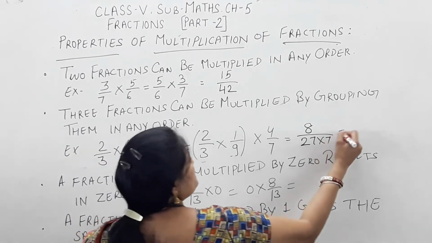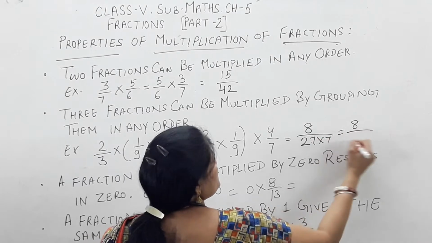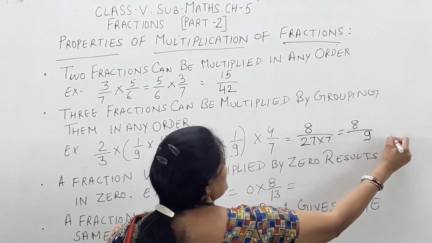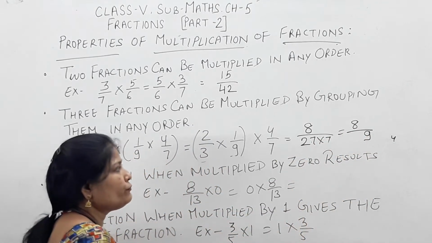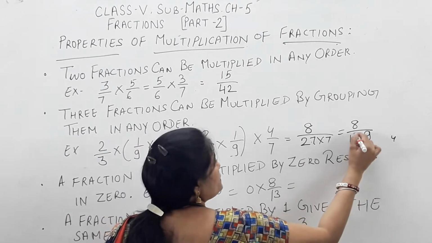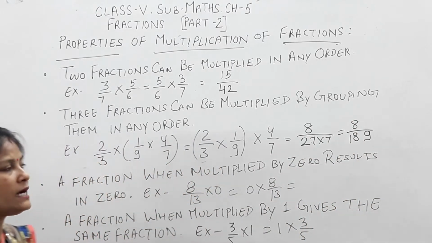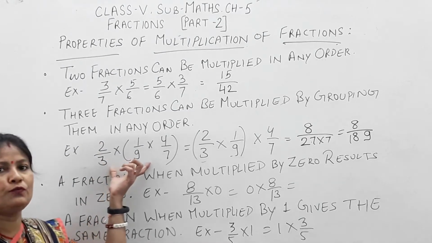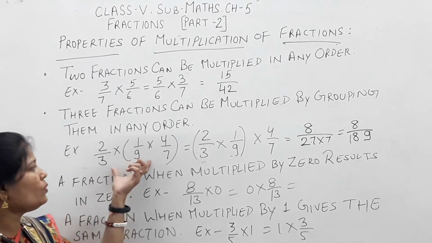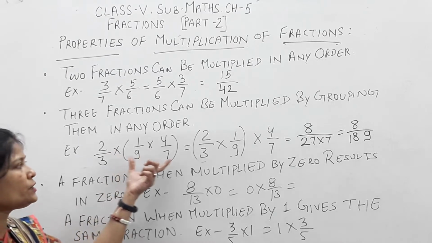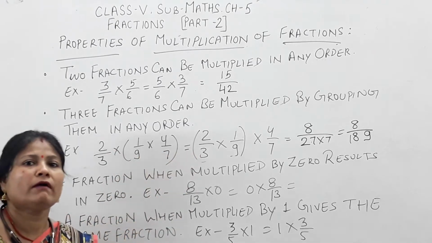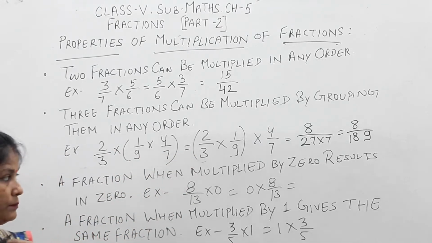So I get the result 8 upon: 7 7s are 49, 4 carry, 7 2s are 14 plus 4 is 18. So 189. Yes children, 8 upon 189 is my answer after putting two fractions in a group. So we can multiply more than two fractions by grouping in any order. This is my second rule.